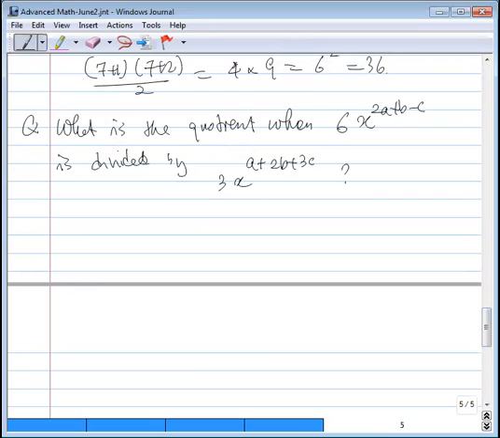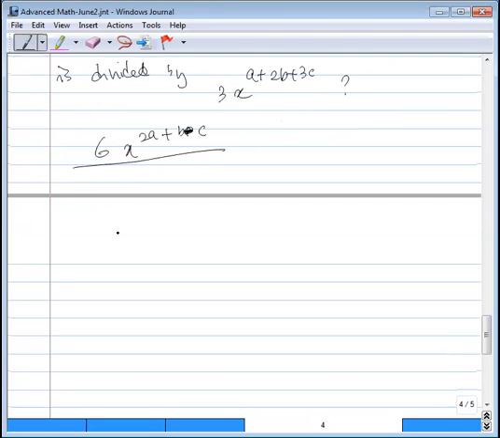All right, so it's simple. 6 over 2, a plus b plus minus c, divided by 3x to the a plus 2b plus 3c. Using the formula, 6 divided by 3 is 2.